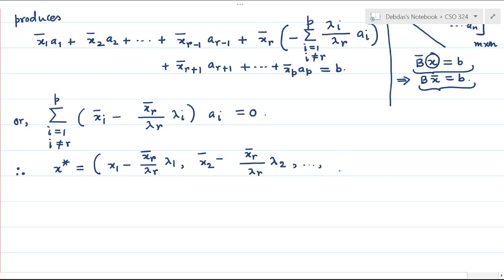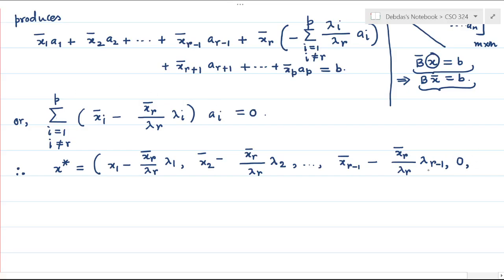Similarly, the (r minus 1)th component is x_{r-1} bar minus x_r bar divided by lambda_r into lambda_{r-1}. Then the rth component is 0, because lambda_r, that a_r, is not there in this equation.